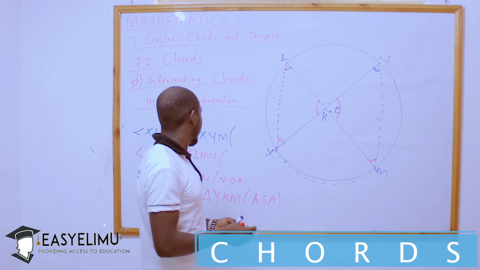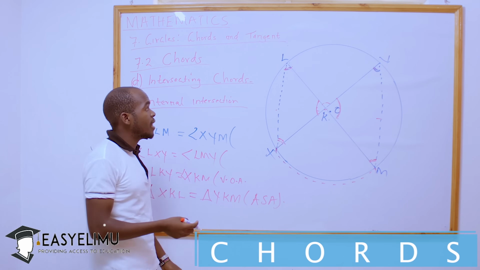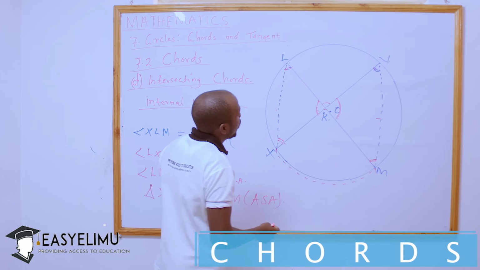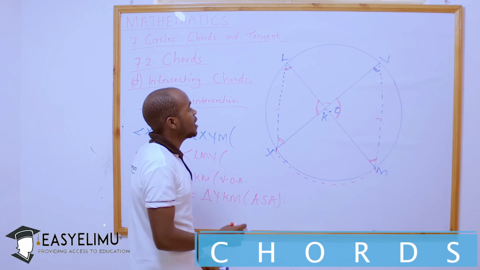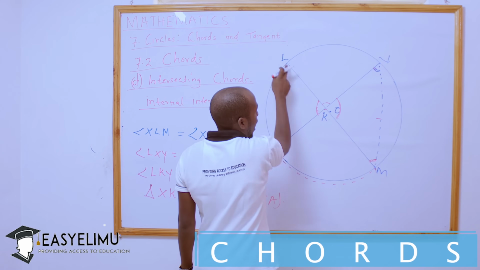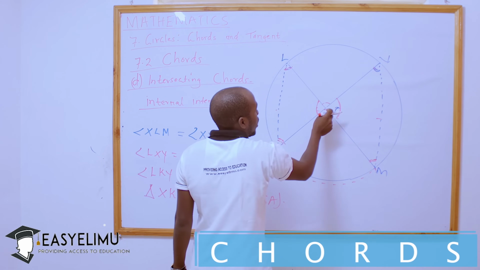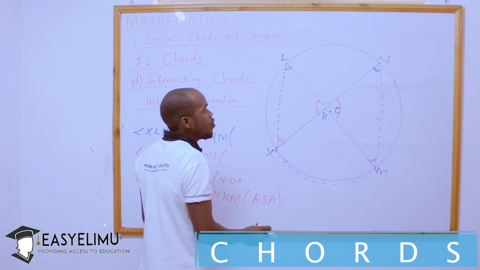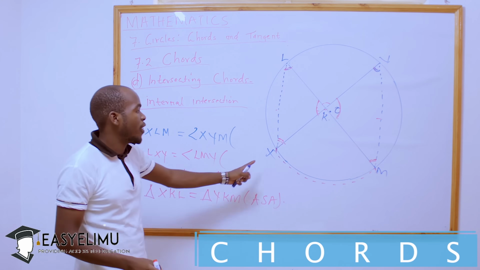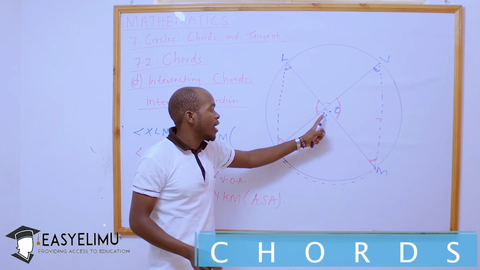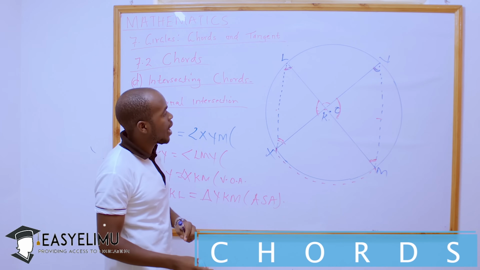The same is that we can denote another one. If we need to find the length of that chord, then if you take LK, the ratio of LK to KY will be equal to the ratio of XK to KM.